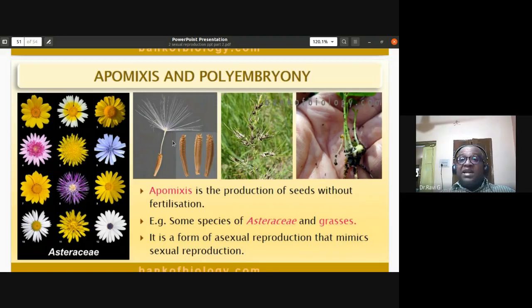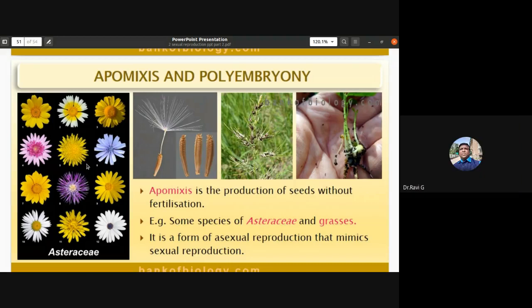There you can notice the dandelion. You can notice this parachute mechanism because of the hairy calyx or pappus in the Asteraceae members. So in some of the Asteraceae members and grasses, you notice that there is a formation of seeds without fertilization. So the formation of seeds without fertilization, we call it apomixis.